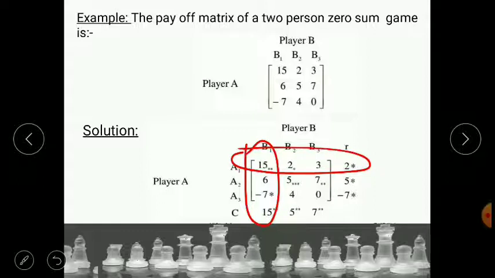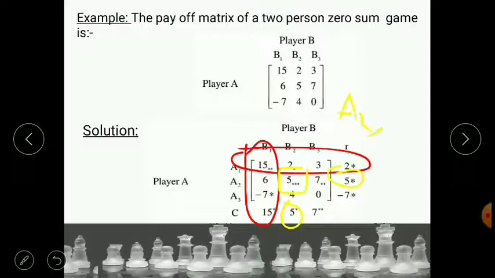And you can see that there is one common value which is 5. So this point here becomes our saddle point, which is A2 comma B2, right?